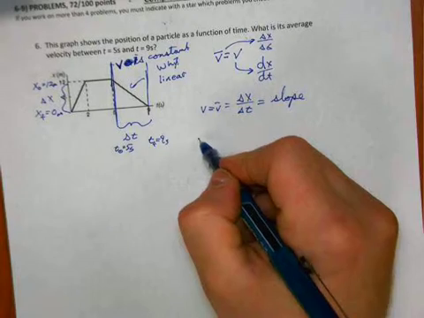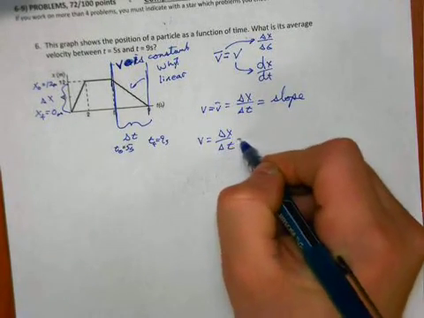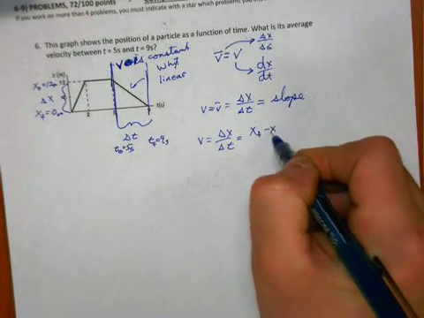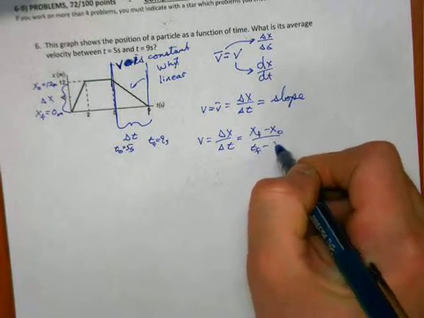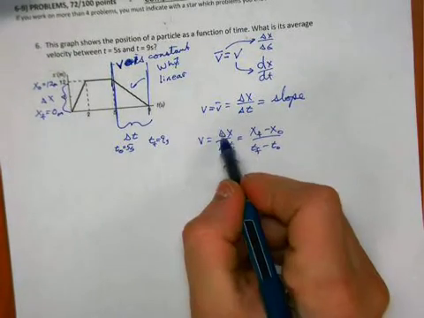Okay, so putting that into the equation, velocity equals delta x over delta t equals x final minus x initial over t final minus t initial, because delta is always final minus initial. That's all this delta means.